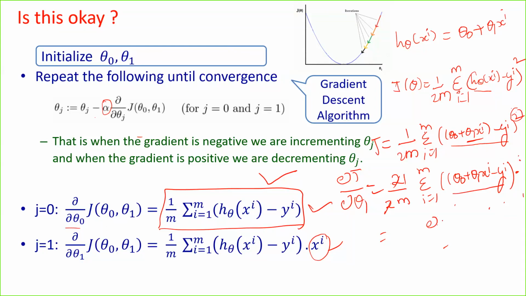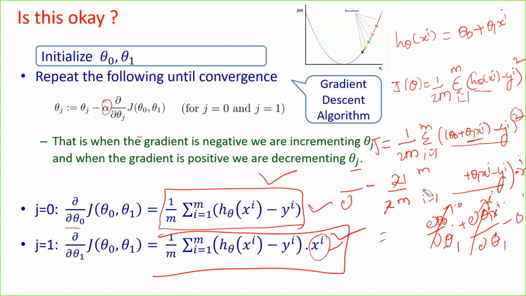Which means derivative of theta naught with respect to theta 1, which is 0, plus derivative of theta 1 xi with respect to theta 1, which is xi, and derivative of y with respect to theta 1, which is also 0, right? So finally you got xi here, which is this.